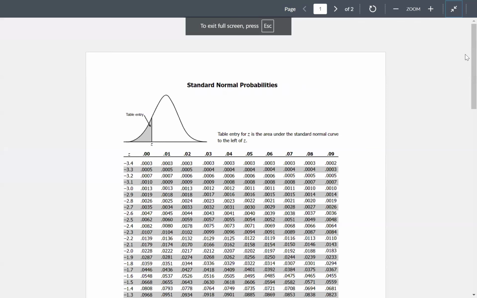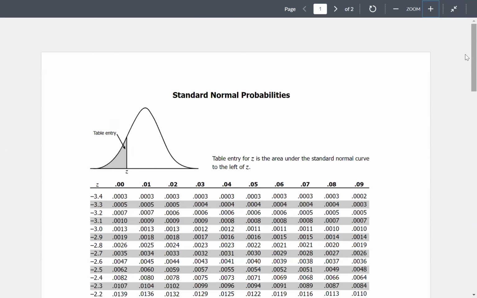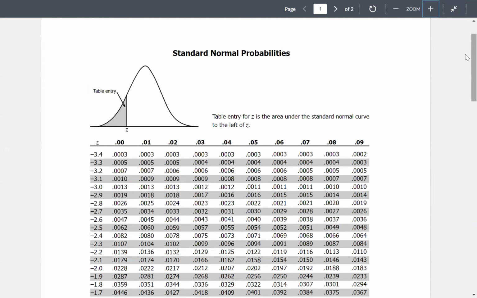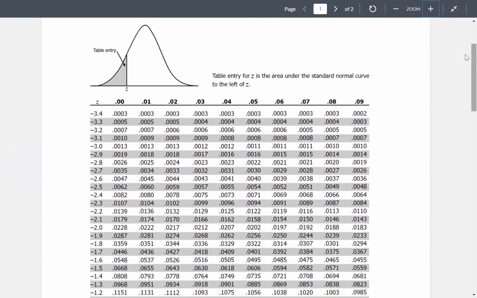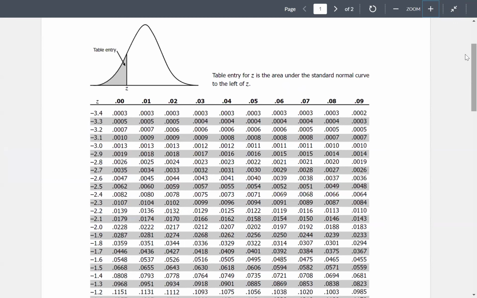All right, so the first 3 numbers will be on the negative side. The second 3 will be on the positive side. All right, we're going to look for 0.1. It looks like the negative 1.2, I think negative 1.28.